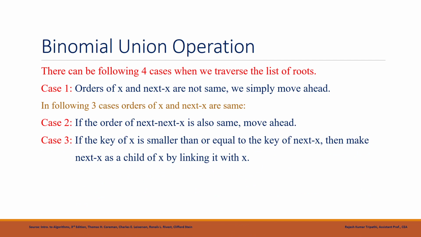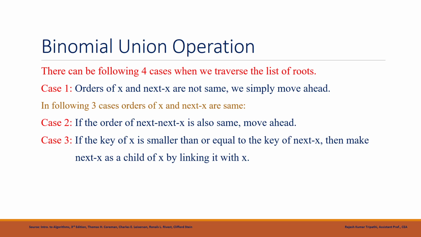In case of 3, if the order of x and next x are the same but the order of next to next x is not the same, in that case we will link the x and next x binomial trees into a single binomial tree.